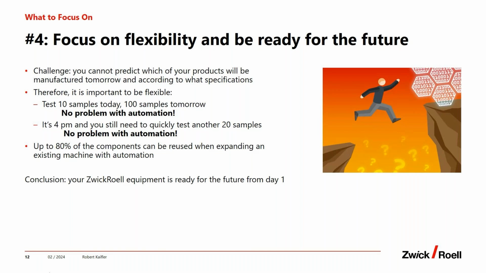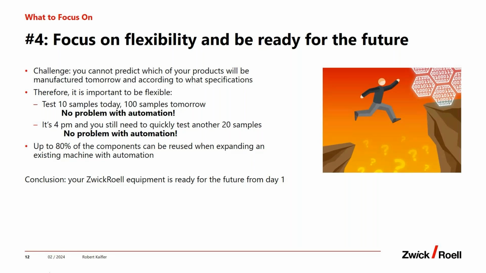Therefore, it's important to be flexible. If you're testing, like in this example, 10 samples today and 100 samples tomorrow, it shouldn't give you a headache if 100 samples are coming in because the operators are on vacation, holidays, or out for training. So in this example, no problem with automation.